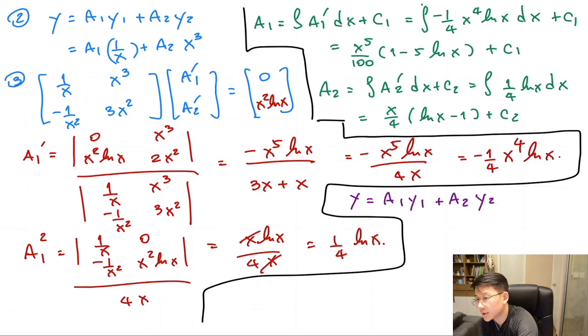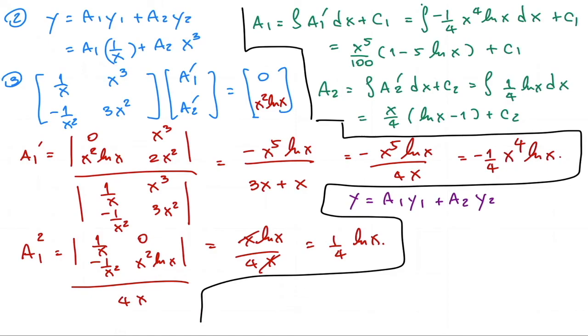Okay, which is, what is it? a1 is x to the 5 times (1 minus 5 log x) plus c1, and then y1 is 1 over x.